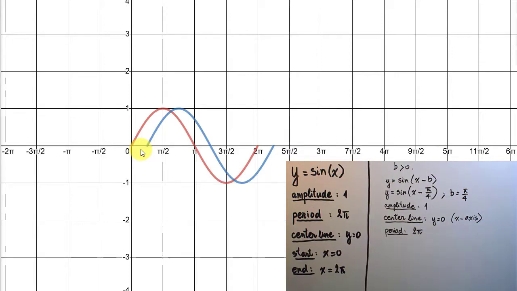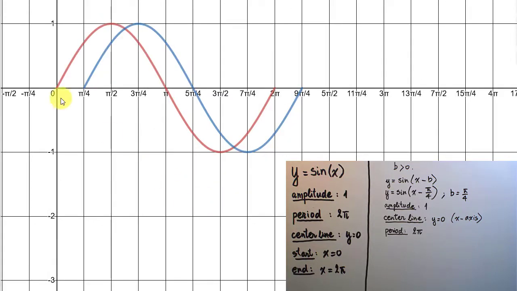On this graph it's a little challenging to see where the start and the end are. So now, putting the graph in a closer zoom, we can see a much clearer picture of where the blue graph starts and where it ends.